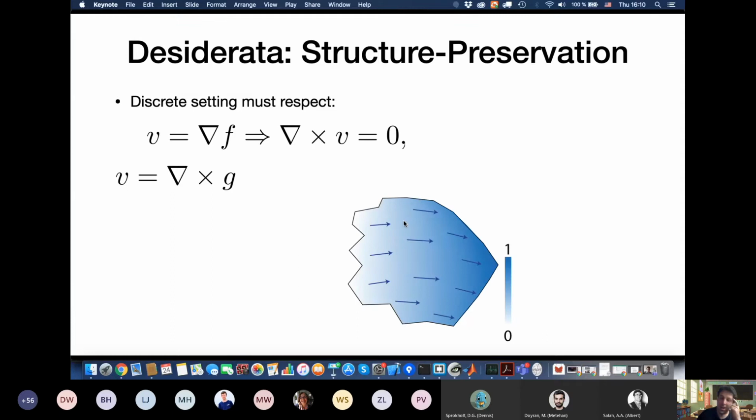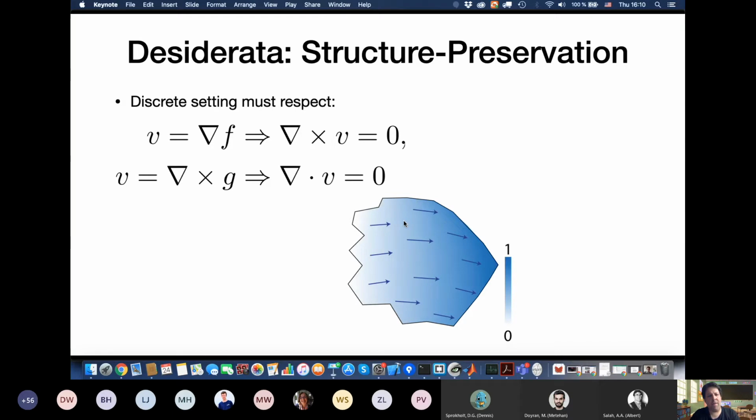It looks like this. Imagine the function goes from white to blue. Then the gradient field is going in the direction of steepest ascent, like in the continuum, and it has to have curl zero. That's just a calculus definition, in the discrete setting as well as in the continuous. Otherwise, there's a big difference between discrete and continuous, in that it's not structure preserving.